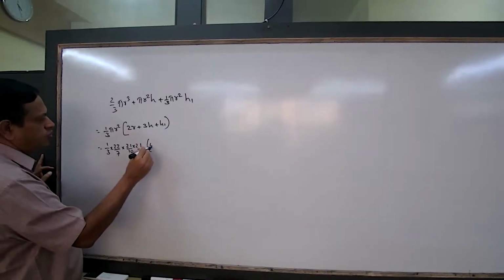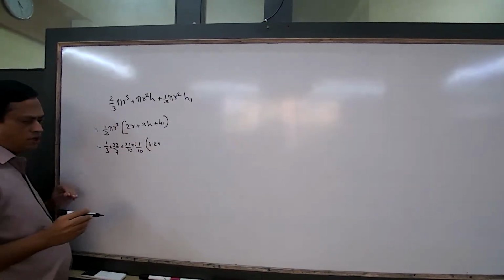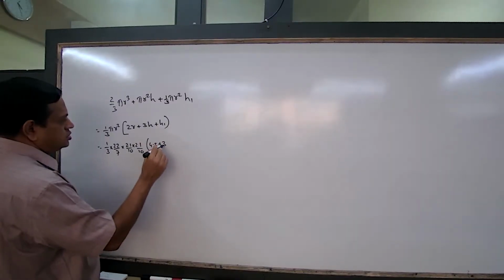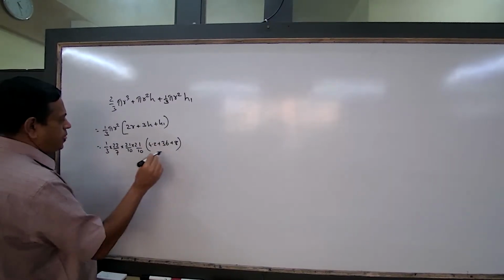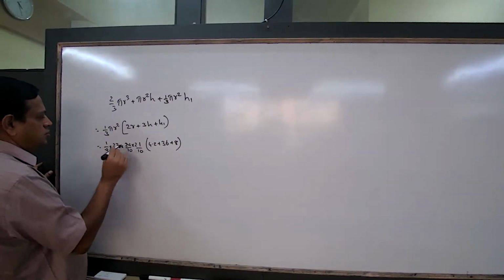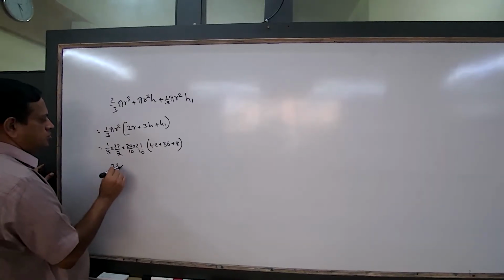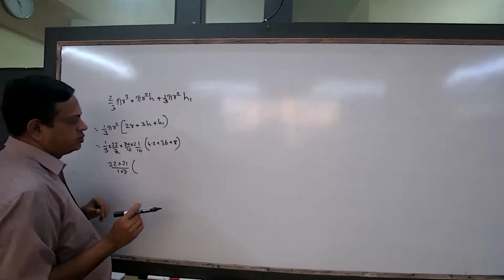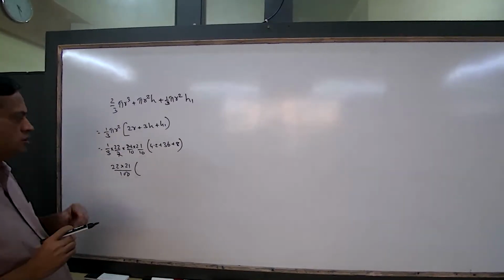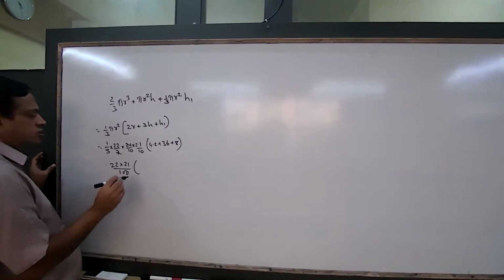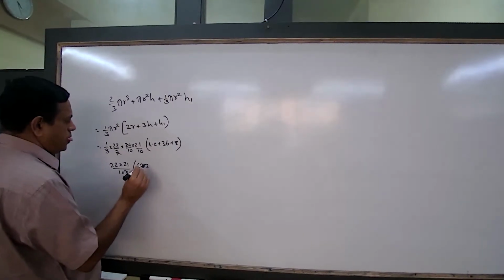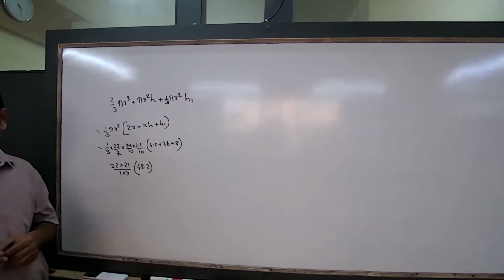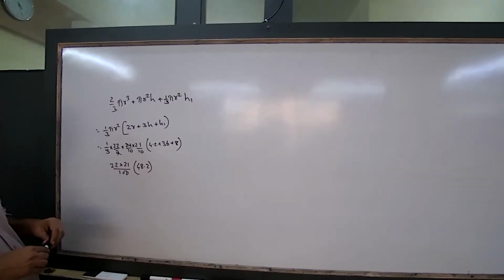Then 4.2 plus 12 threes are 36 plus 7 threes are 21, so 22 into 21 by 100, and 36 plus 8 is 44, plus 4 is 48. Multiply and put the decimal.